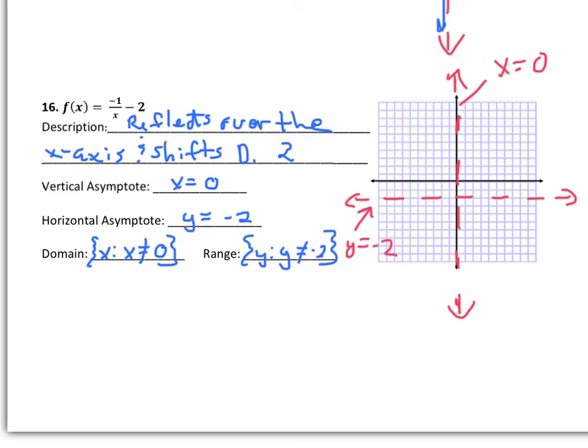All right, now let's draw the curve. Because it's going to reflect over the x-axis, it's going to flip, so it's going to start here. It doesn't shrink or stretch any, so it's going to look something like this and like that.